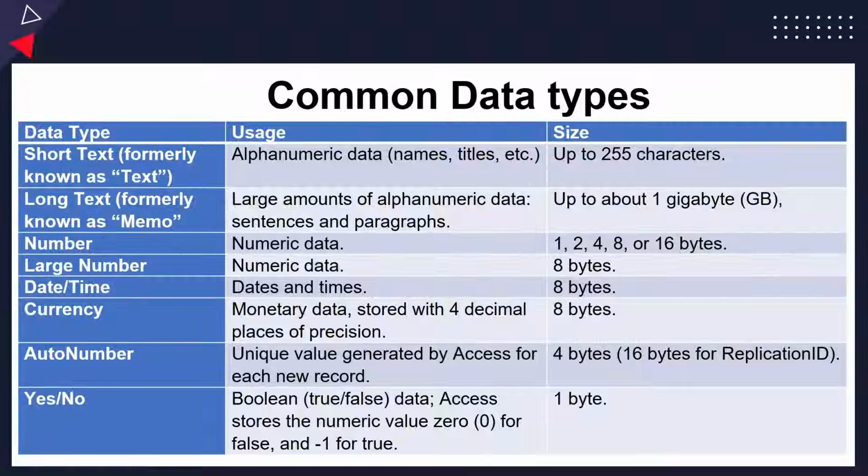Yes or no is the other data type. We shall use it to store Boolean data with two conditions, either true or false, on or off. And we shall be ticking the box if it is present, or leave the box blank if it is absent.